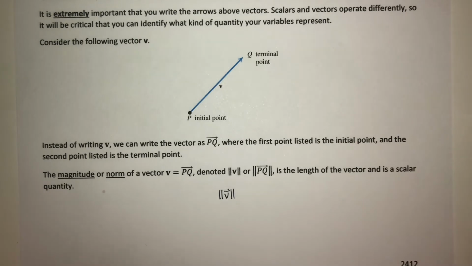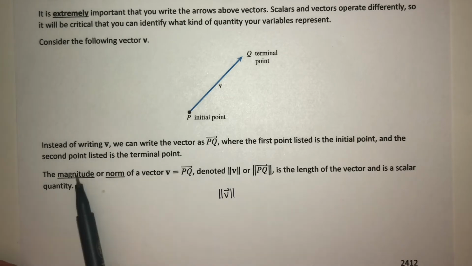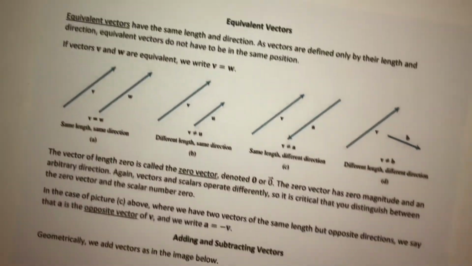It turns out that norms and absolute values are kind of related. We'll get to that more in a second, and talk about how to calculate these. But if you see what looks like double absolute value, you're being asked to find the magnitude or the norm.